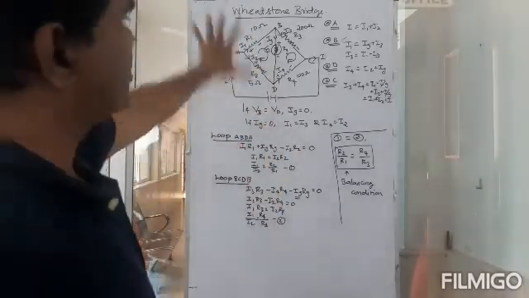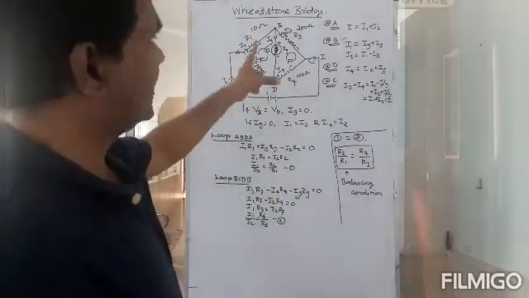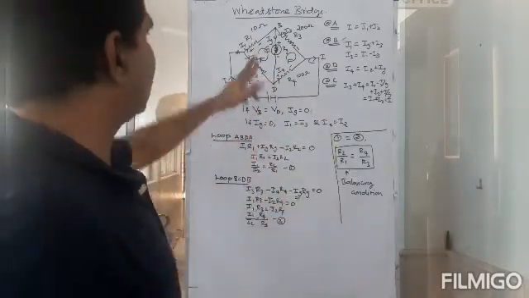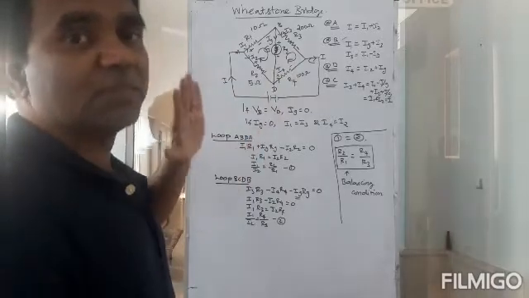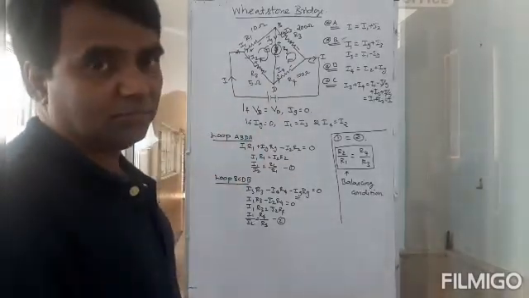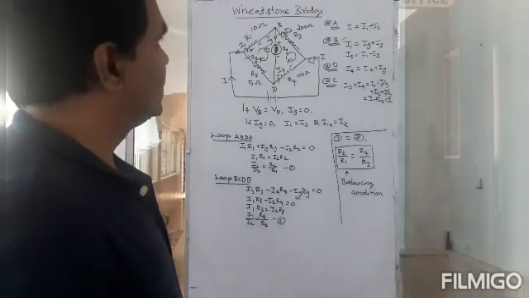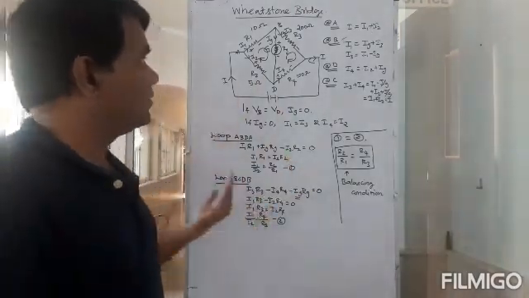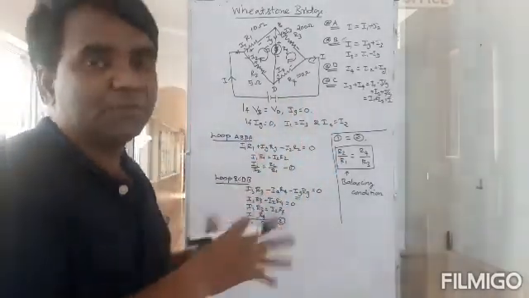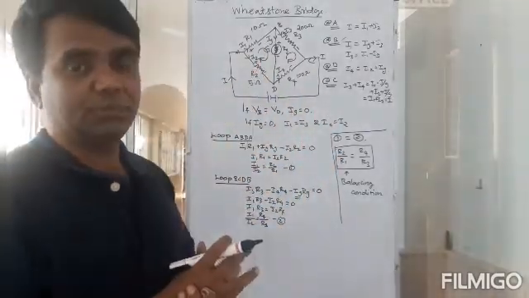By looking at the resistances, you can say whether it is balanced or not. If this condition is met, it's balanced. Then Ig will be equal to 0. It's as simple as that. So this is the principle behind the Wheatstone Bridge.